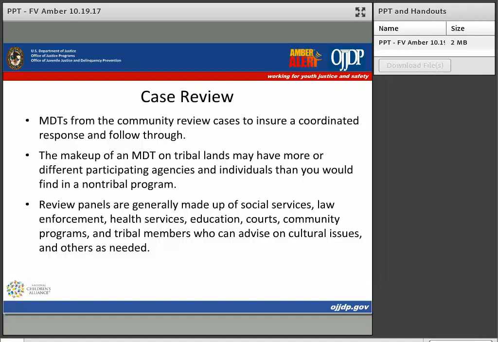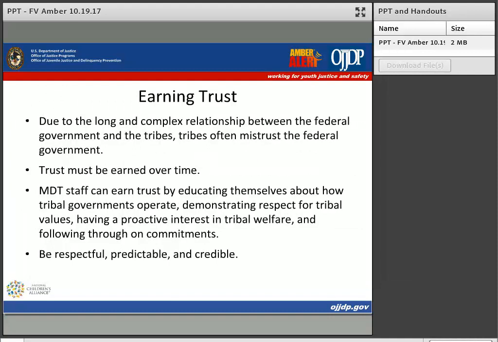And many tribes have unique community programs that serve youth or serve victims in the tribe, and each of those have to be considered. And always consider the fact of having available tribal members who can advise on cultural issues, especially as they impact victimization and wellness and healing in the tribe.